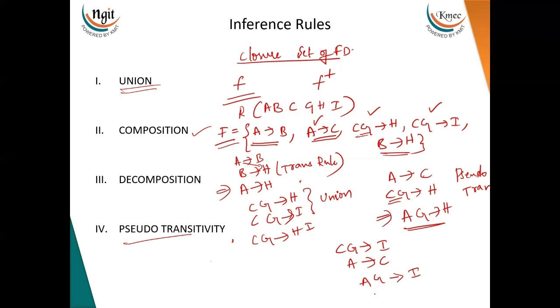So when C is replaced by A, we get a new functional dependency, that is AG tends to I. This is again from which rule? It is from the pseudo-transitivity rule. Right. So the functional dependencies which you have derived from this set of functional dependencies, combined with the given set of functional dependencies, will give you the closure set of functional dependency. Thank you.